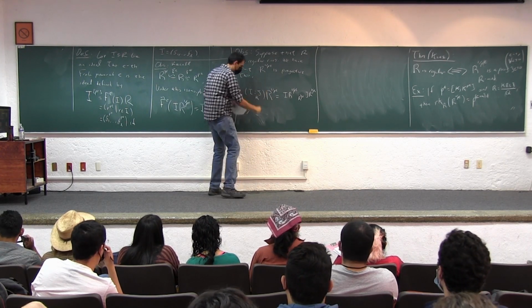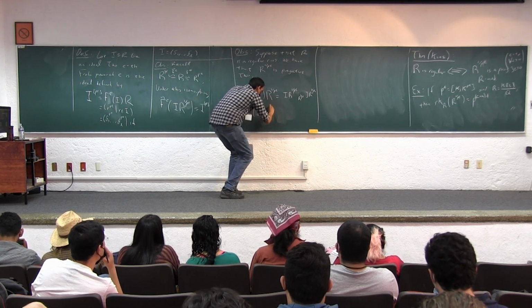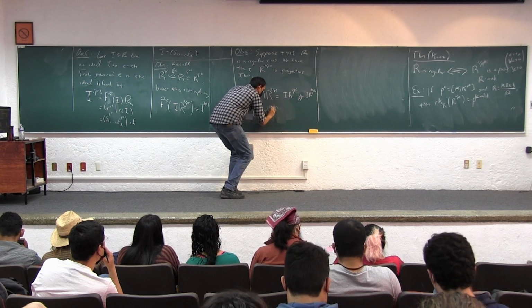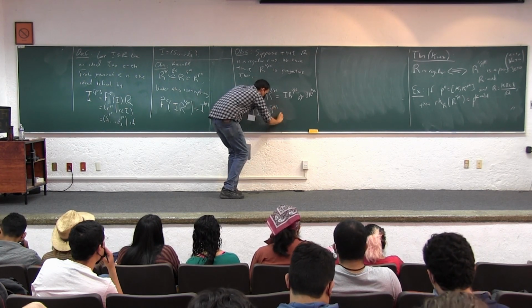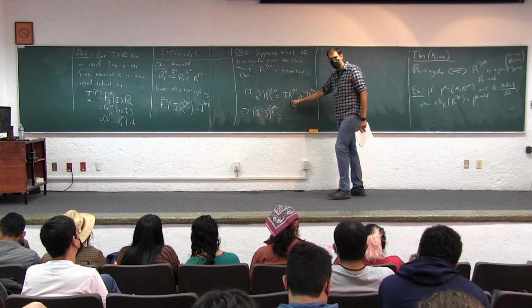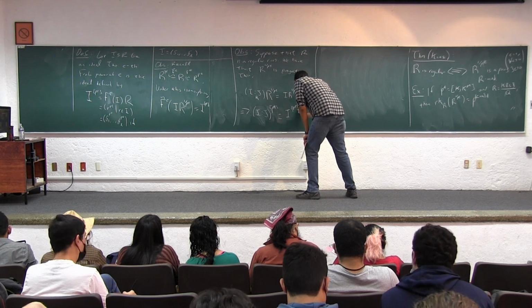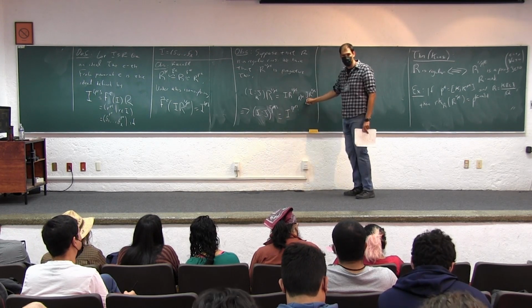So it's I colon J bracket p to the e, and this is equal to I bracket p to the e colon J bracket p to the e.